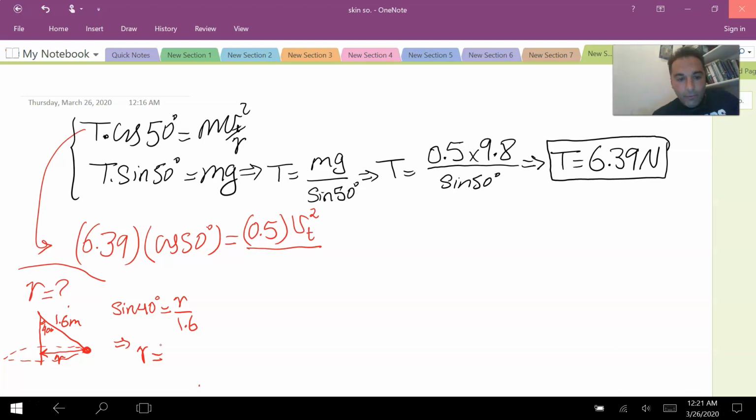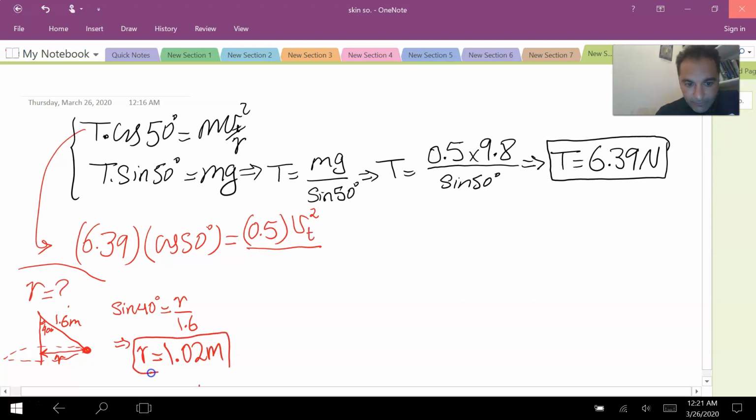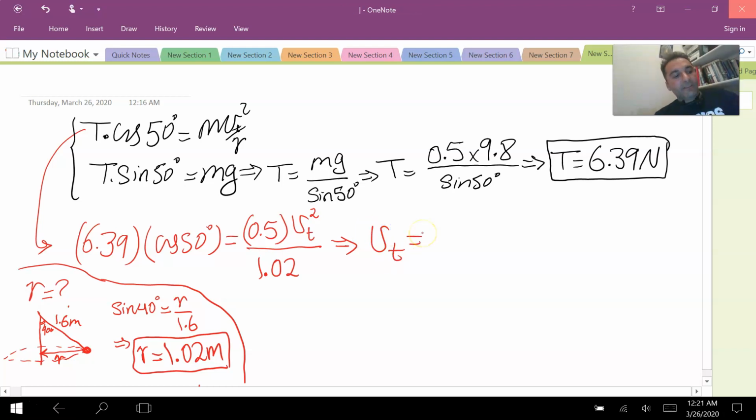The answer is 1.02 meters. Okay, let's put this one here. Therefore, right here, 1.02.